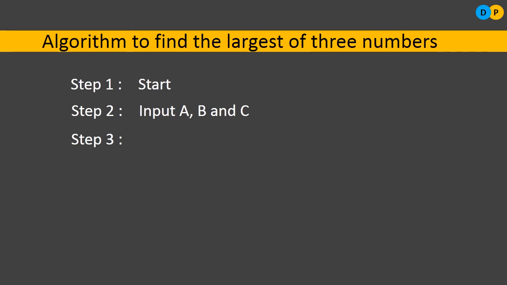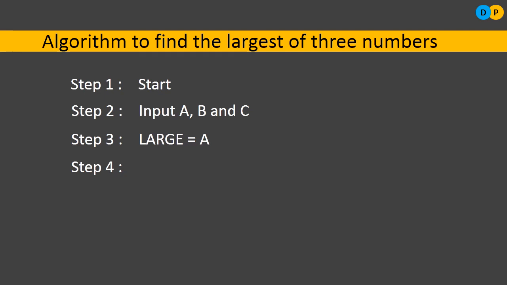Step 3, how to find the largest of three numbers? Let us go with an assumption. Let us assume that A is the largest. So large is equal to A. That is our assumption. Next, in step 4, we have to compare the remaining two numbers, B and C.